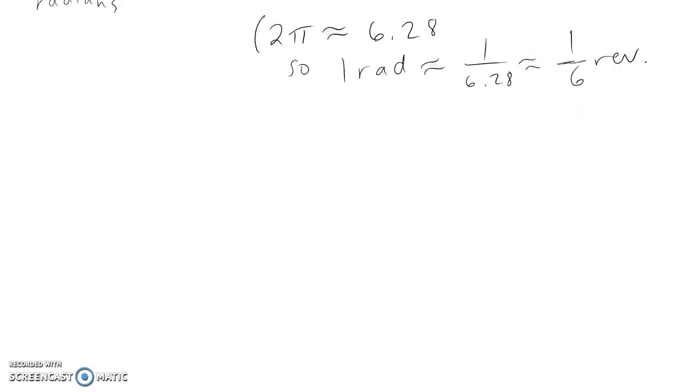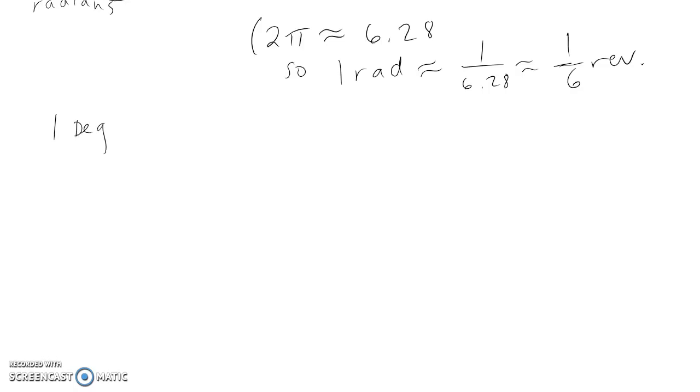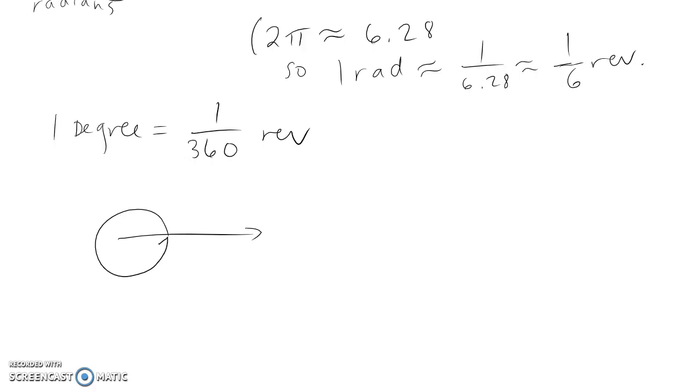Yeah? I like to think about it like this. 1 degree, we already know, is 1/360th of a revolution, right? So we have our angle, that's 360 degrees. We imagine 360 little pieces, and these are actually way too big.